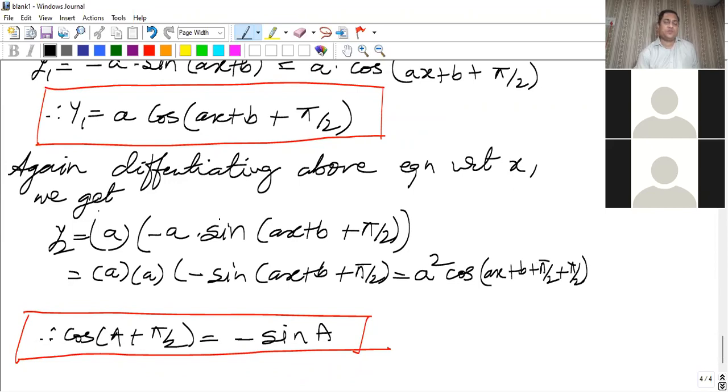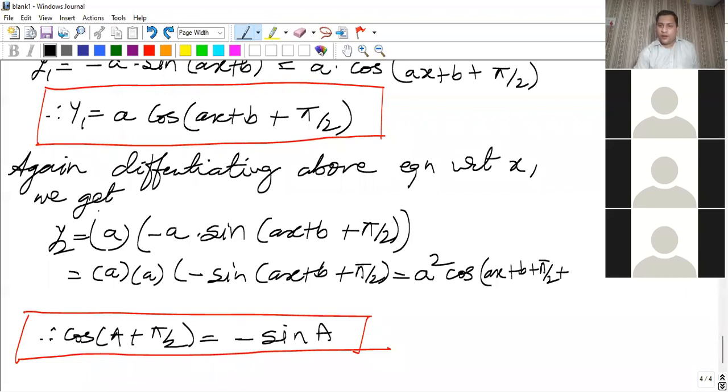Is that okay? So whatever the angle was in the previous step, we are going to add one more pi by 2.